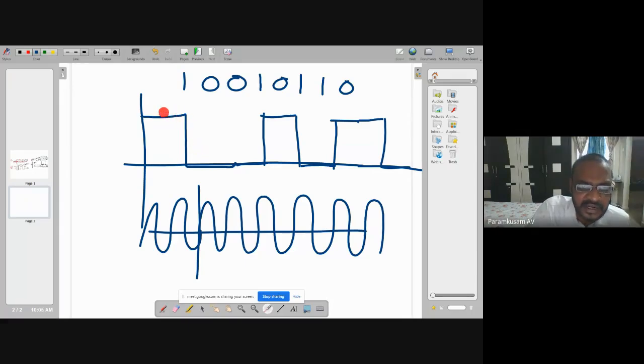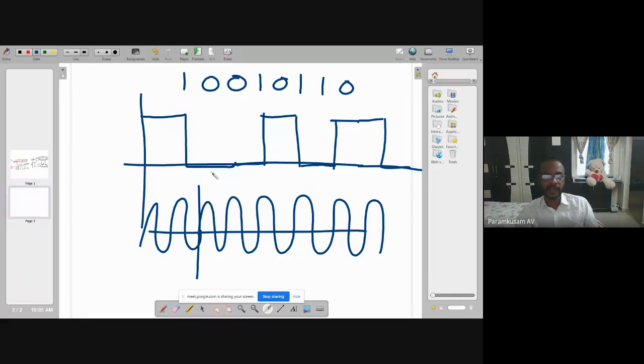So the amplitude of the carrier will have only two values. One value is due to this 5 volts, another value is due to this 0 volts. Am I correct?